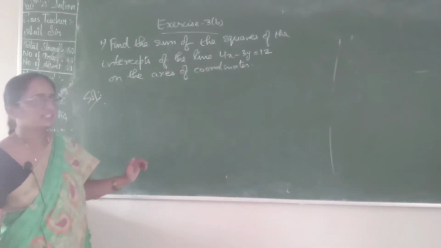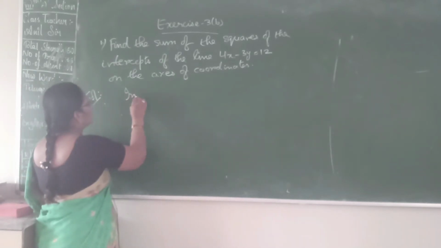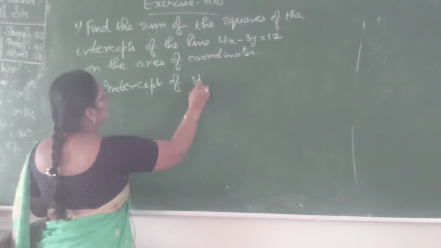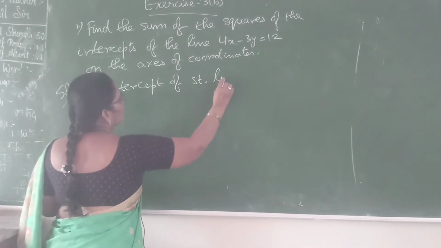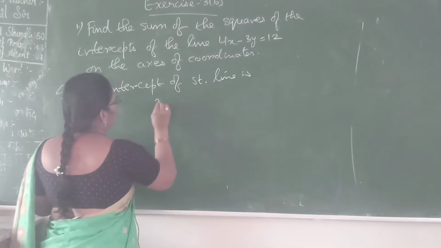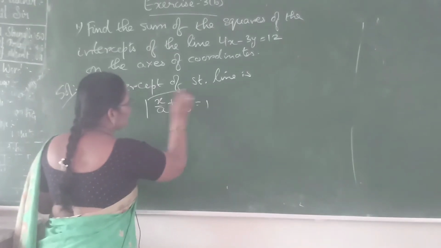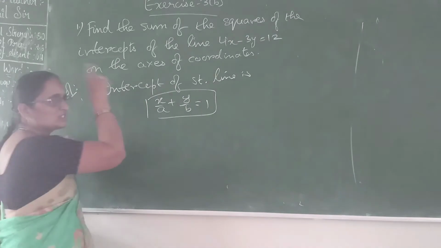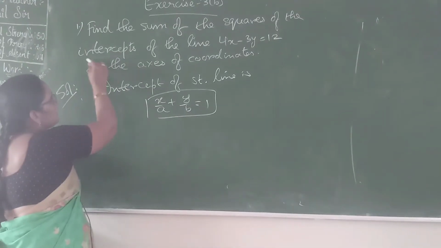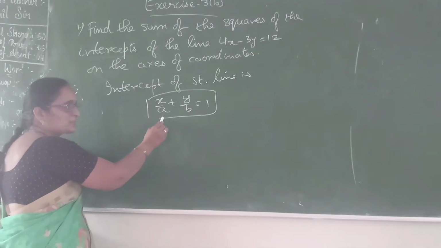Intercept form of the straight line, that is x by a plus y by b equal to 1. So we have to understand the question, which formula we have to apply.